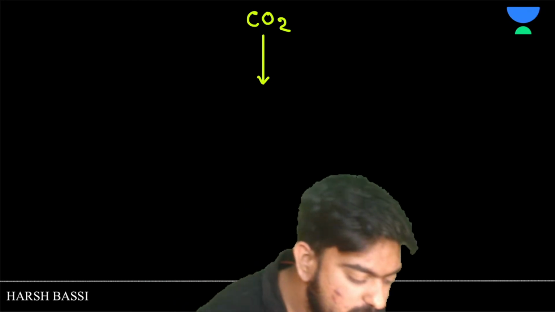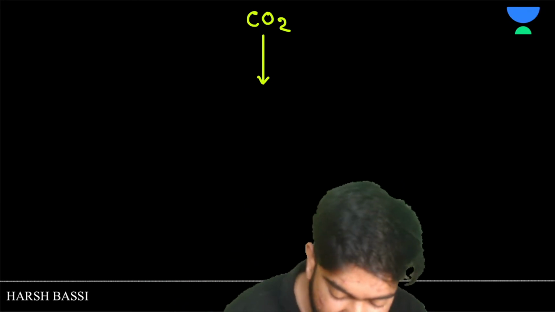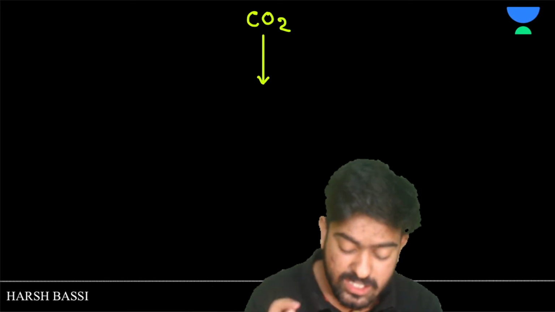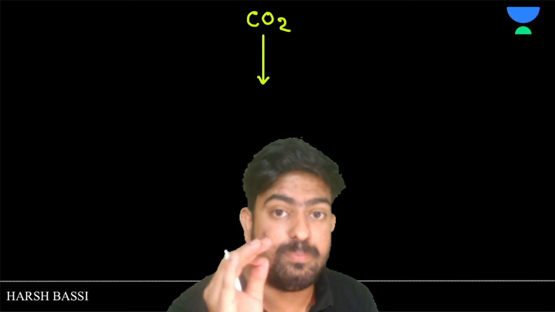That person is the primary acceptor of CO2. And the name of the person is RuBP, ribulose bisphosphate.